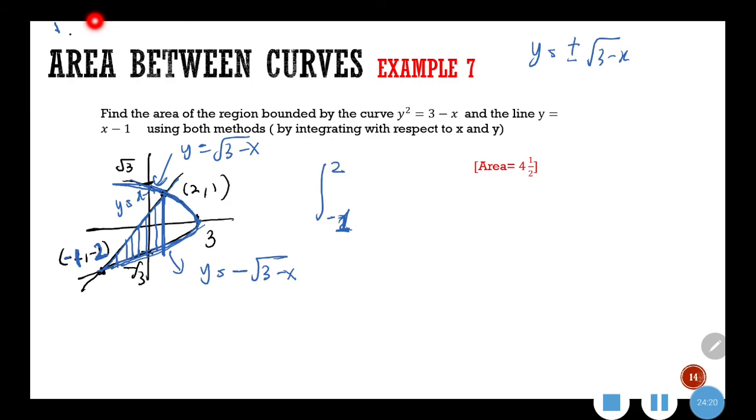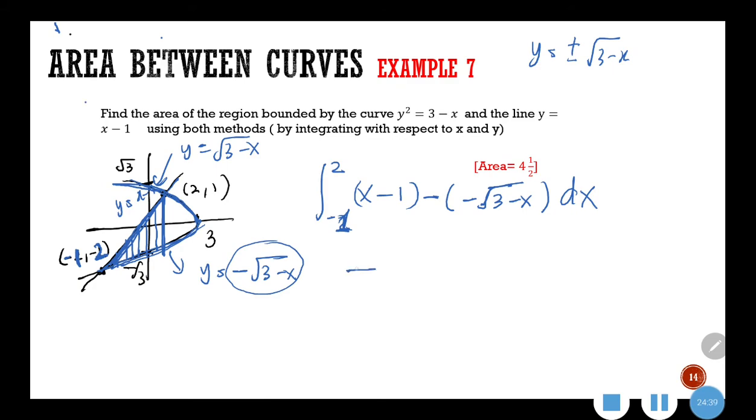What is the upper line? x minus 1, and then minus that curve, minus the square root of 3 minus x dx.